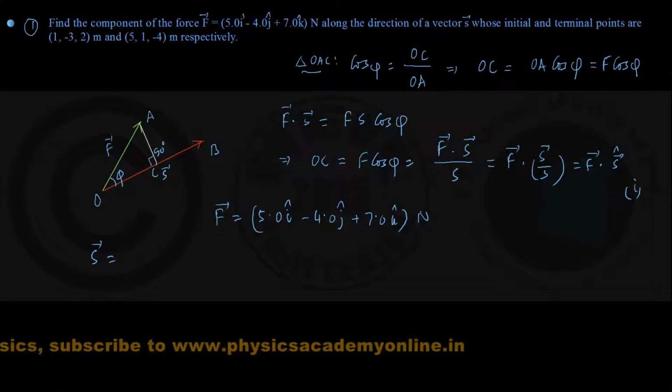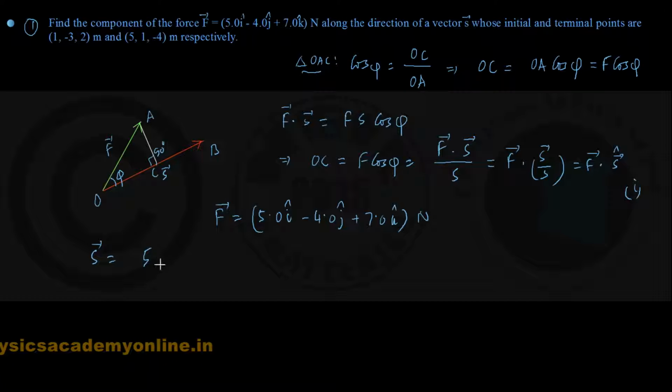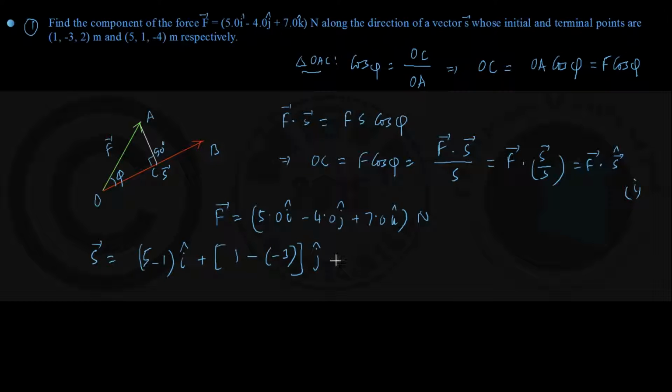Therefore, recalling the definition, the formula for S can be found by subtracting the coordinates as shown: (5 minus 1) into i cap plus (1 minus 3) into j cap plus (minus 4 minus 2) into k cap.